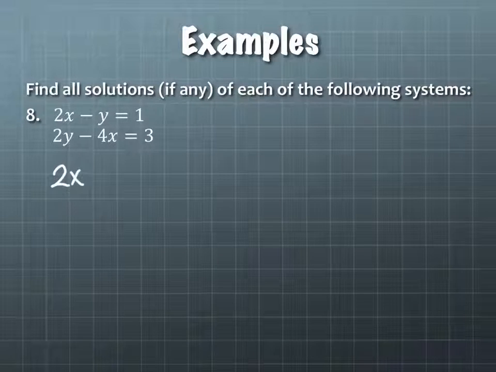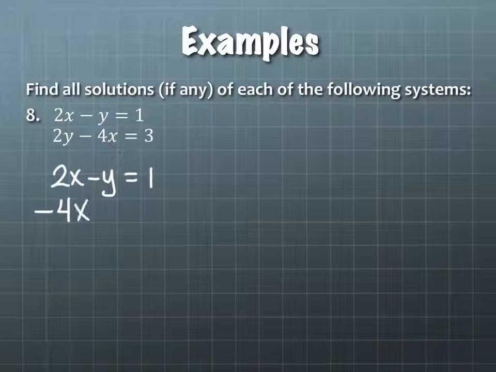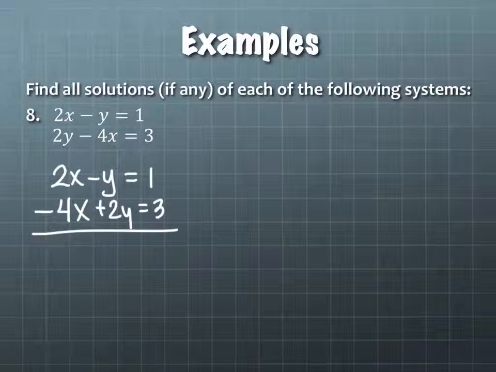So the first equation is 2x minus y equal 1. The second equation is actually negative 4x plus 2y equal 3. So we'll line up our variables. There are some books I've taught out of that actually use that as step 1 for the elimination method. Line up your variables.